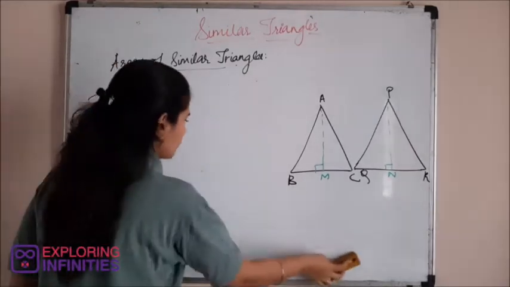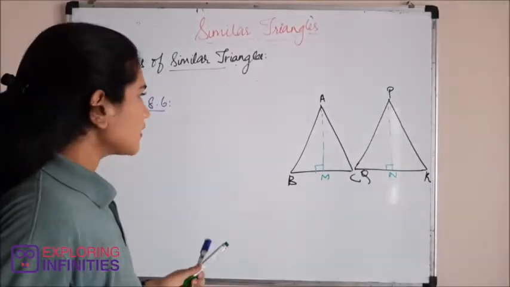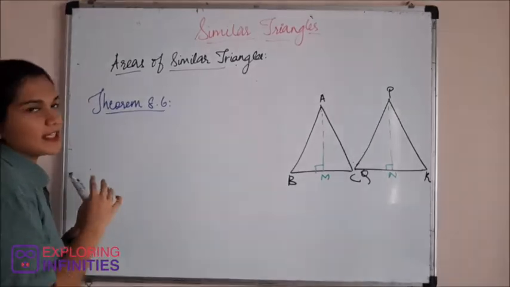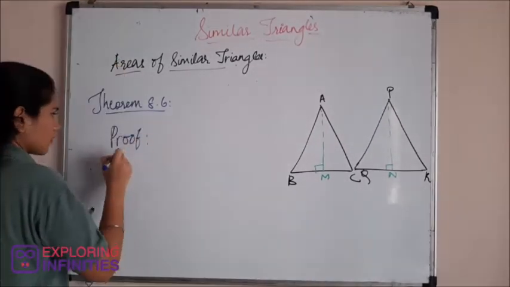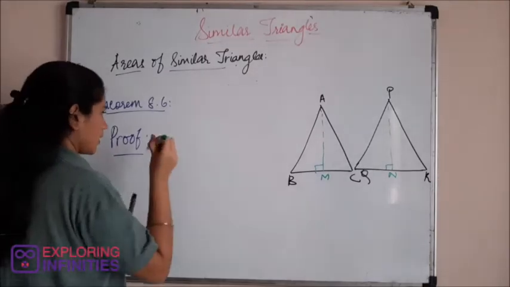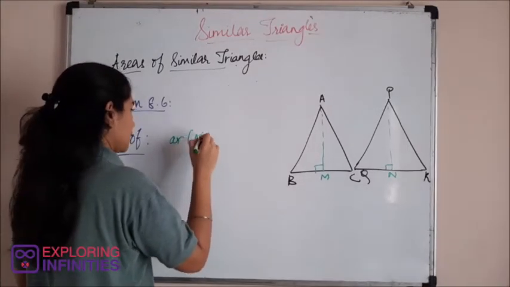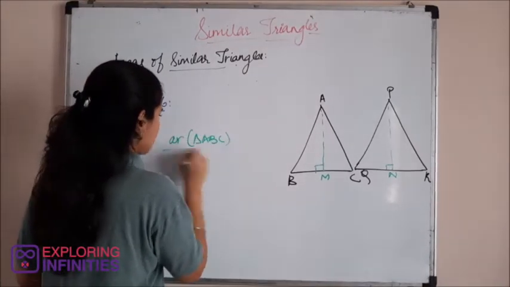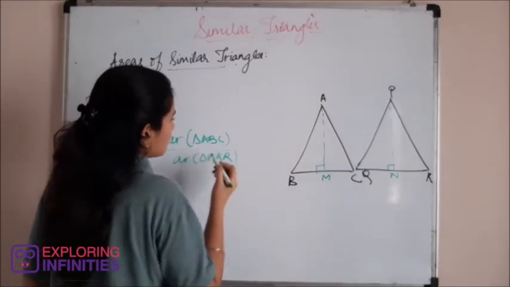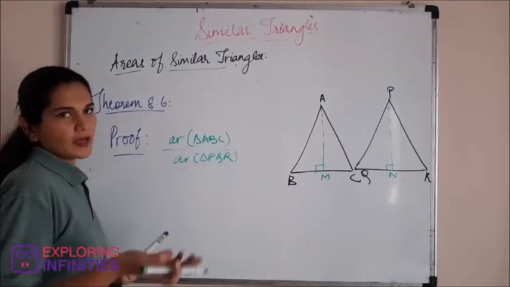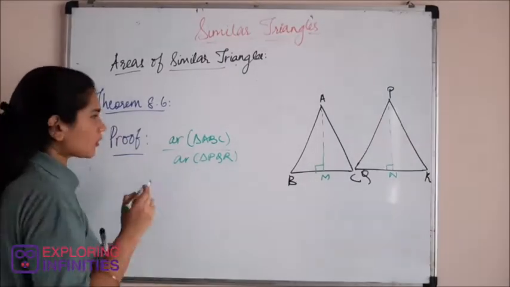Now for the proof, firstly we'll just talk about the LHS of the two proof thing. Area of triangle ABC divided by area of triangle PQR is equal to what? So the area of any triangle is what? Half of base into height.